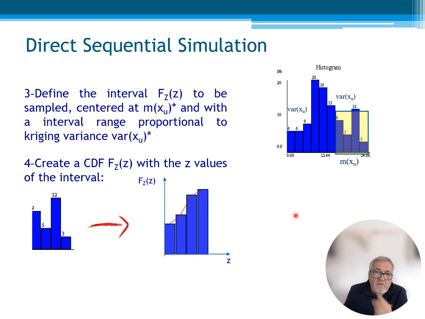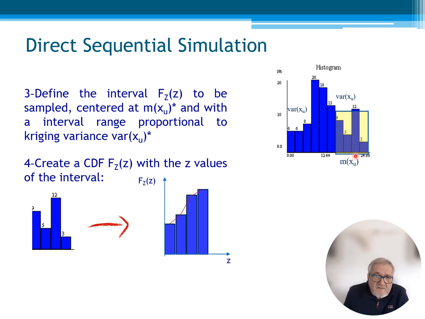After we estimate those two parameters, we define the interval to be sampled from the global distribution. This interval is centered at the estimated local mean, and the range is proportional to the variance.